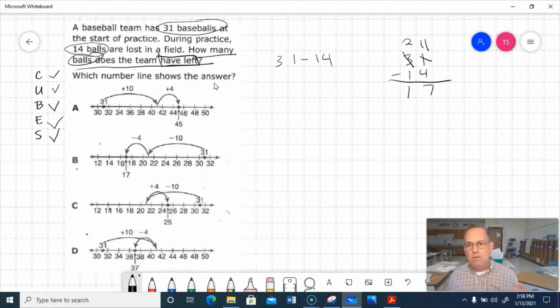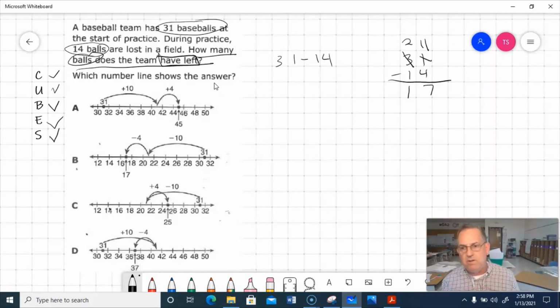Okay, so using this strategy right here, we could probably look at our answer choices and figure out which one's the correct answer, just based off of we already figured out there's 17 balls left, and see which answer choice shows 17 balls left.